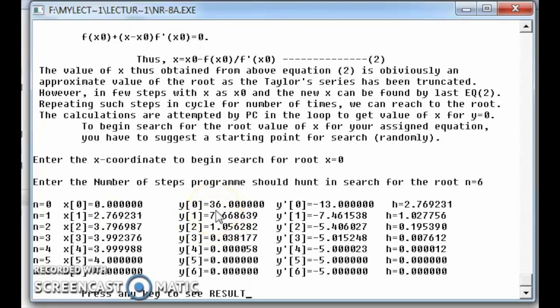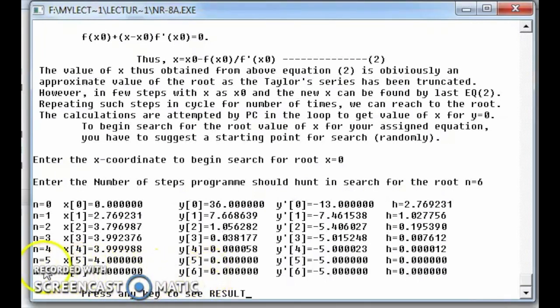Like for x equal to 0 it was 36. Then we are increasing x step by the iteration procedure that we have discussed, and y goes on reducing to 7.6, 1.05, 0.03, and so on.